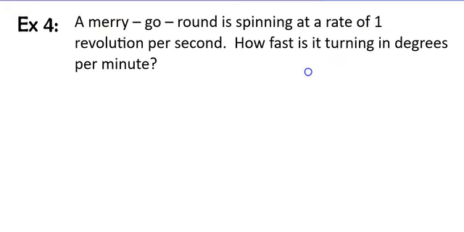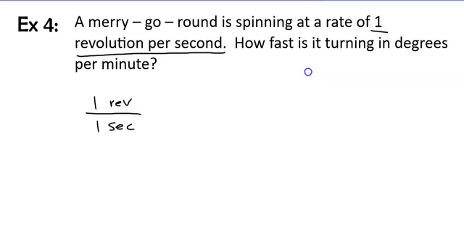All right, jumping into example 4. This time we're not really given much of a setup, so it's on us to do the whole process. It says a merry-go-round is spinning at a rate of 1 revolution per second. I would stop right there and write that down. 1 revolution per second.